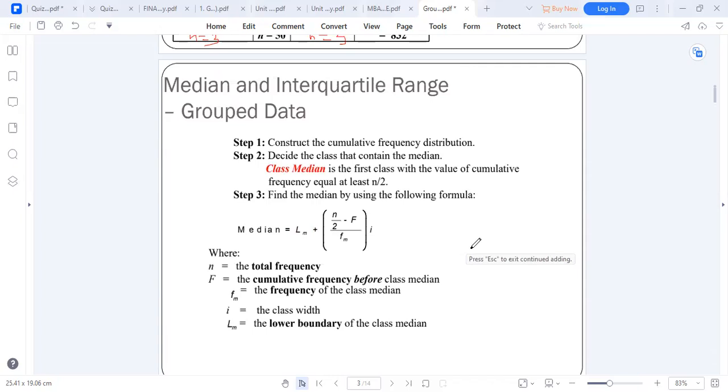How do we calculate the median? The median is given by the lower bound Lm plus n over 2 minus F over fm, times the I, which is our height.